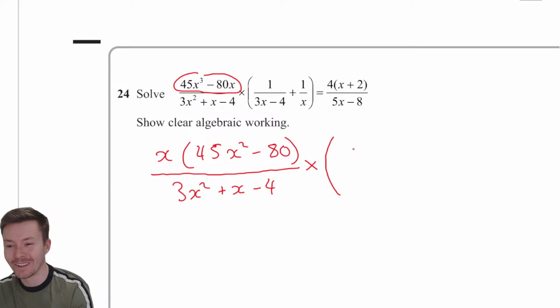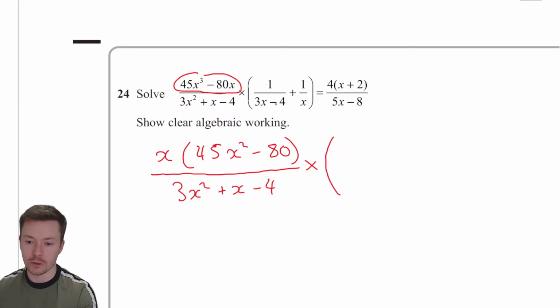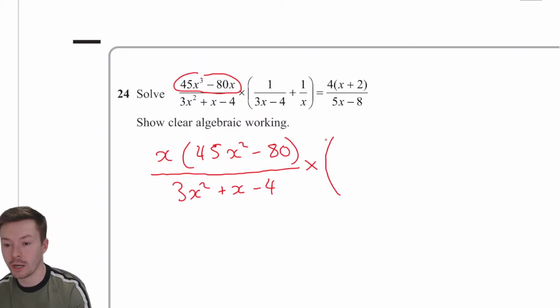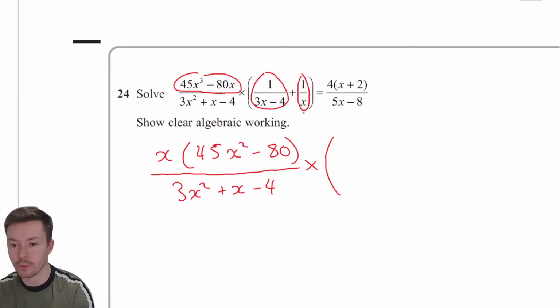It has helped you. Right, the next bit here, I need to add these two fractions inside of the bracket. So what I need to do is have the same denominators to do that. There's nothing I can multiply the denominators by to make them the same apart from each other. So I'm going to have to multiply this one, top and bottom, by x, and this one, top and bottom, by 3x minus 4.